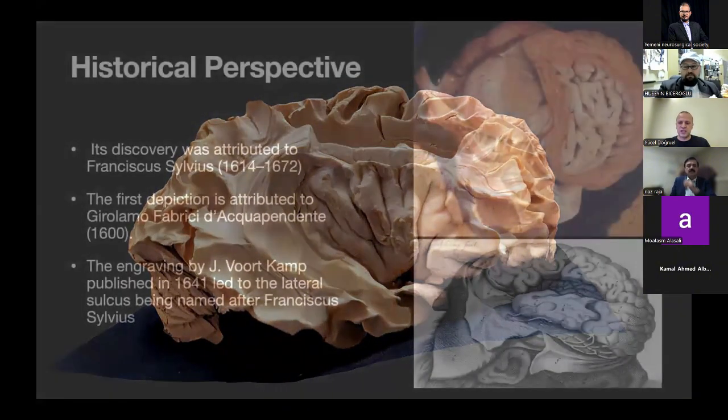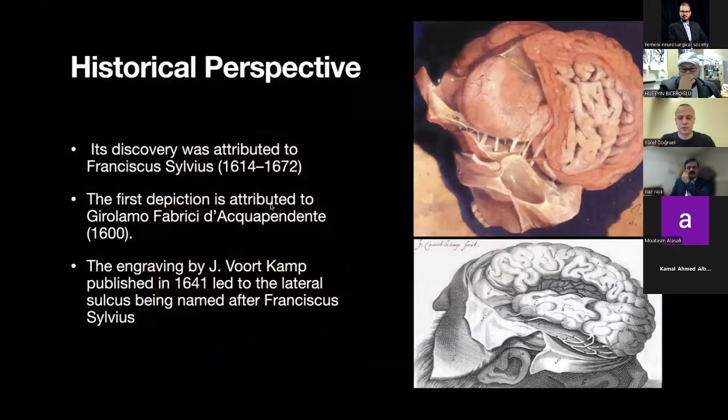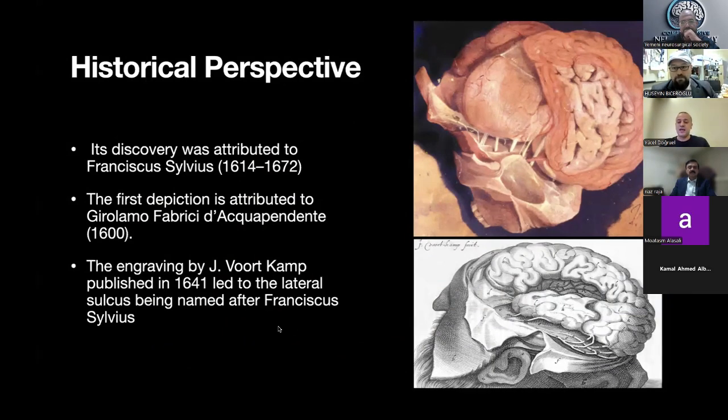From a historical perspective, the Sylvian fissure, also known as the lateral sulcus, is attributed to Franciscus Sylvius, and this attribution is actually because of an engraving by Casparus Bartholinus, published in 1641, in which he attributed the lateral sulcus to Franciscus Sylvius.